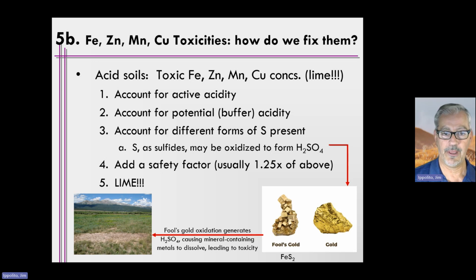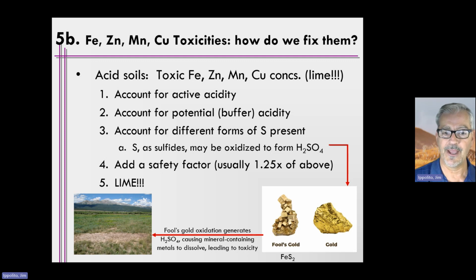And so we take into account the amount of sulfides present, and those sulfides are actually fool's gold. All right, so if you see the picture in the bottom right-hand corner, and many of you have likely seen fool's gold, you think it's gold, but it's not. It's fool's gold. It's iron sulfide.